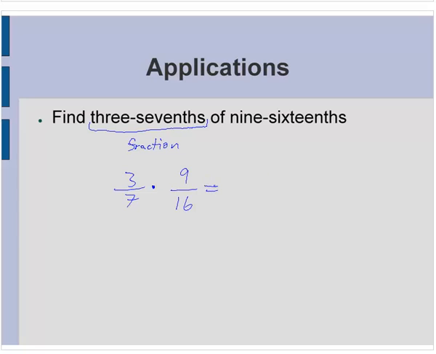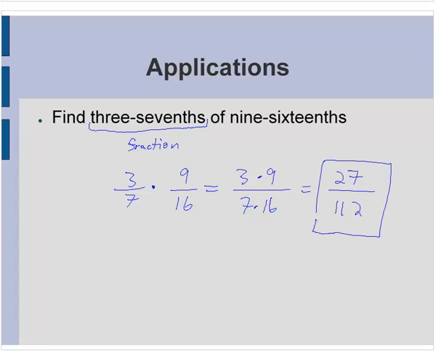And since it's multiplication, that's 3 times 9 over 7 times 16. And I don't think anything's going to reduce here. 3 times 9 is 27. 7 times 16 is 112. So 27 over 112 is 3/7 of 9/16.